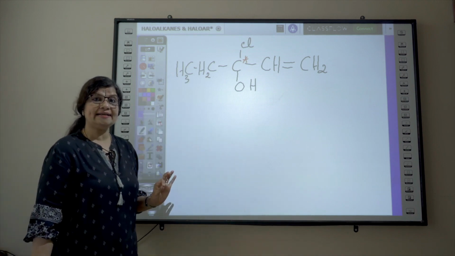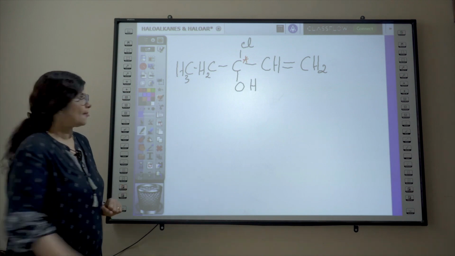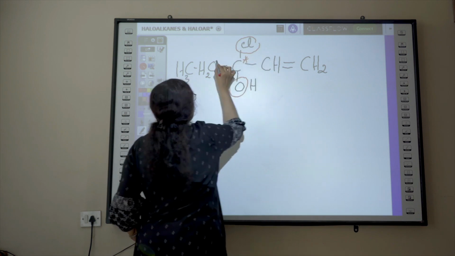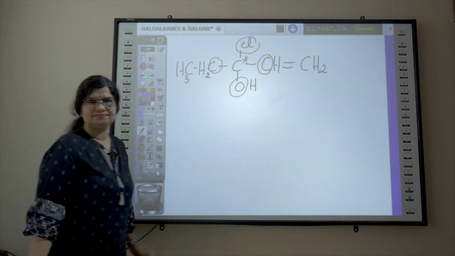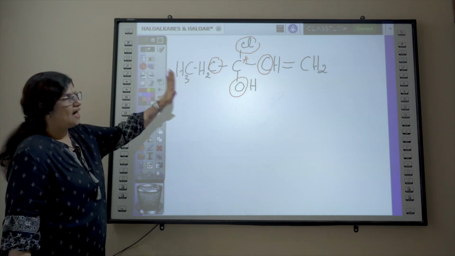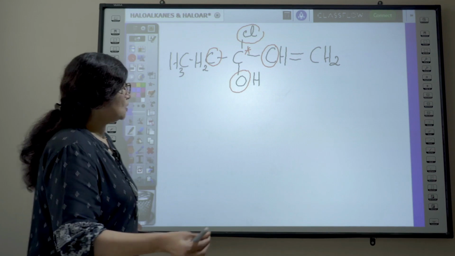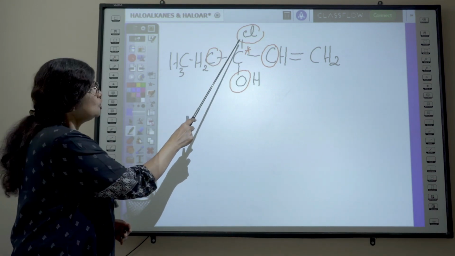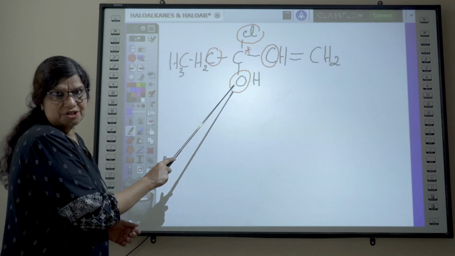First, let's highlight the atoms directly bonded to the chiral carbon. So you have oxygen, you have a chlorine, you have a carbon here, and you have a carbon here, right? The group with the highest priority is the one with the highest atomic number. So here there is no doubt. Chlorine has the highest atomic number, so chlorine will have the highest priority, followed by oxygen.